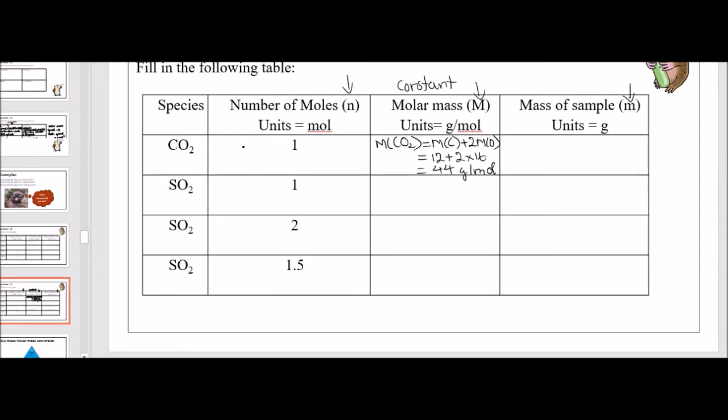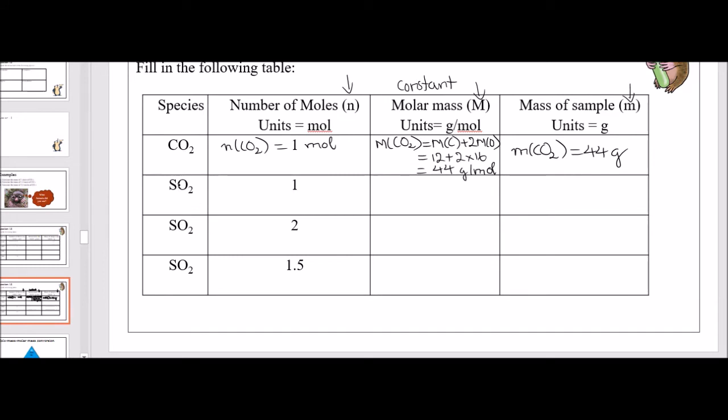Okay, the number of moles of CO2 is 1 mole. So if you only have 1 mole, each mole weighs 44 grams, and obviously the mass is also 44 grams. I hope that makes sense.